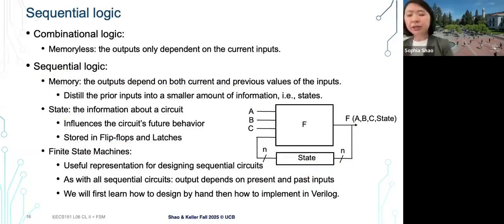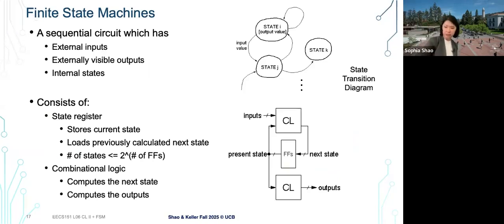So a little bit more about how we think about state machines. Finite state machines, again, we're talking about sequential circuits. Whenever we talk about state, it has to be a sequential circuit. And there are three important components. We always have input, which is fed into my sequential circuit.